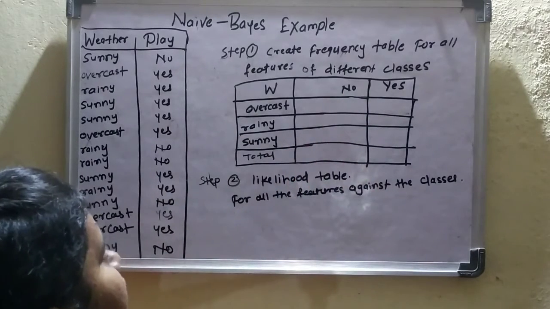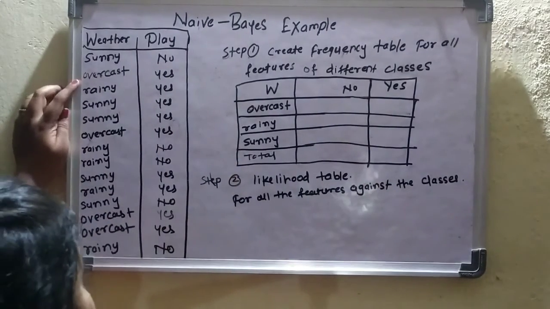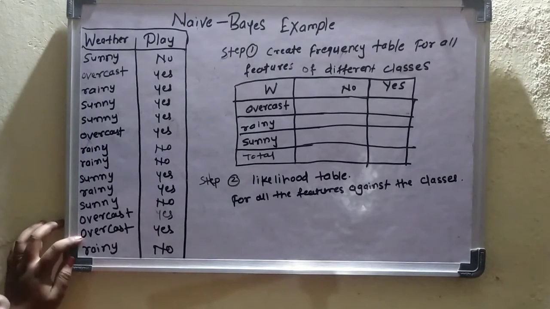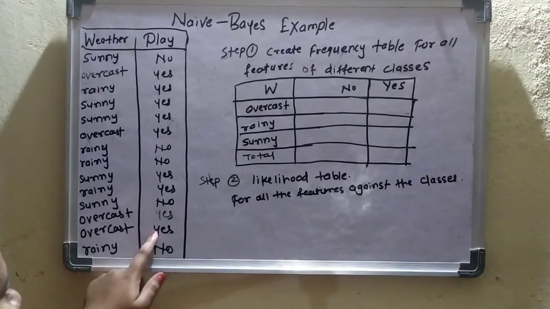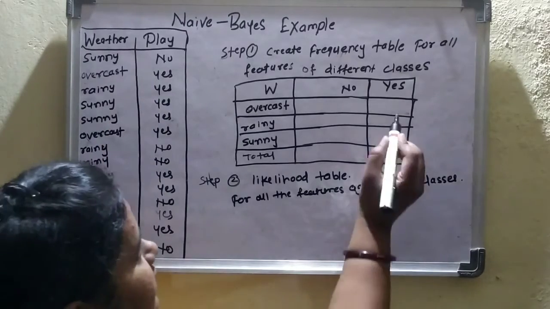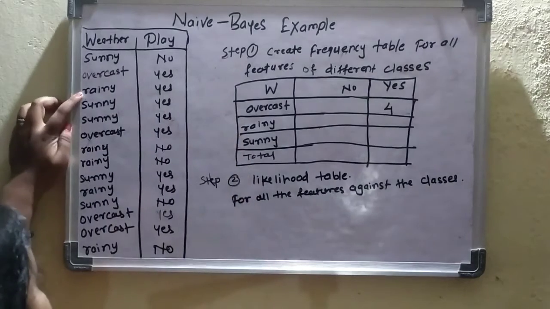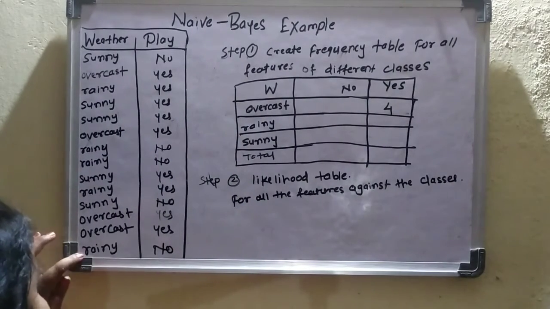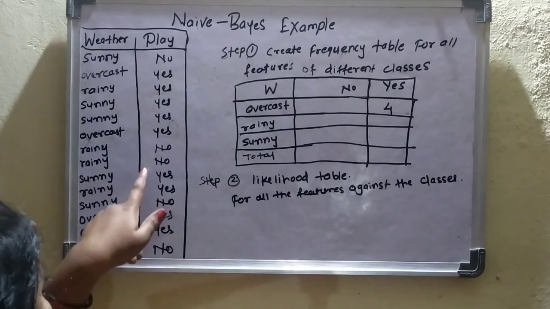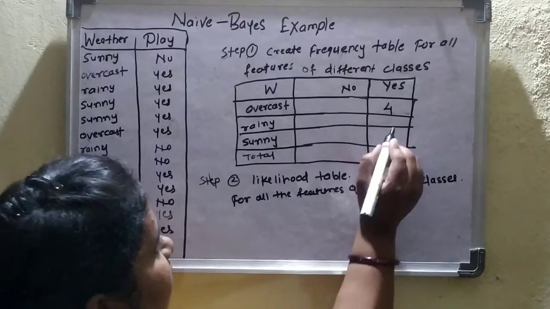So we will calculate how many overcast situations are there first. For overcast, 1, 2, 3, 4. We have 4 overcast values, and all of them are yes. So we will note it down here, 4. Similarly for rainy, 1, 2, 3, 4, 5. We have a total of 5 rainy values. In that we have 2 yes and 3 no values.